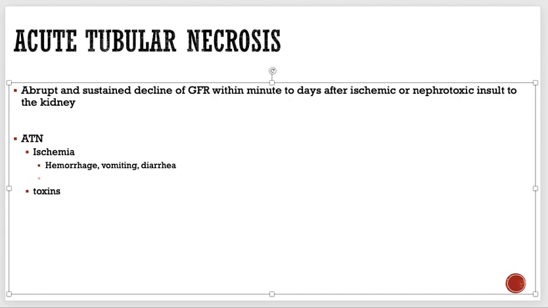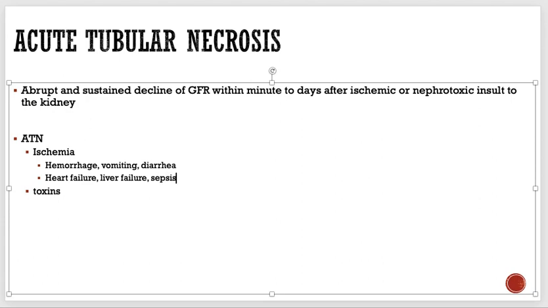Or for example, in heart failure, okay, heart failure, what is going on? The heart cannot supply enough blood to the kidney. Of course, there can be ATN, or liver failure. Okay, decreased intracellular volume is there, decreased circulating volume is there, so they can have this thing.